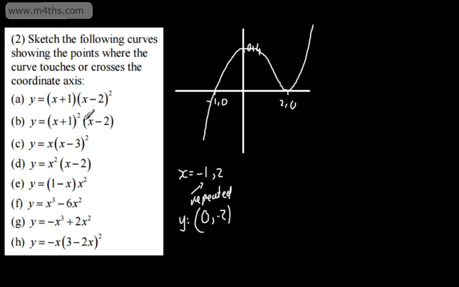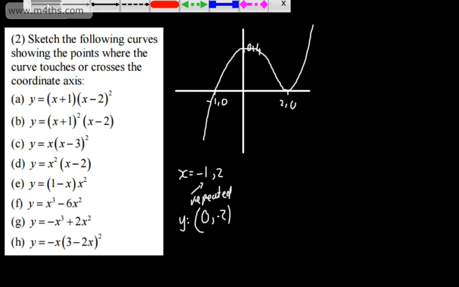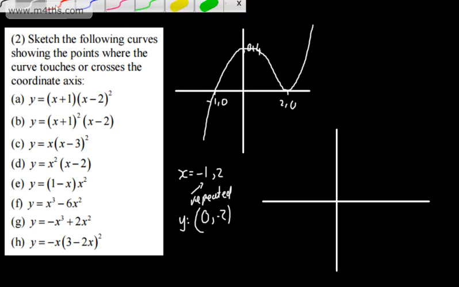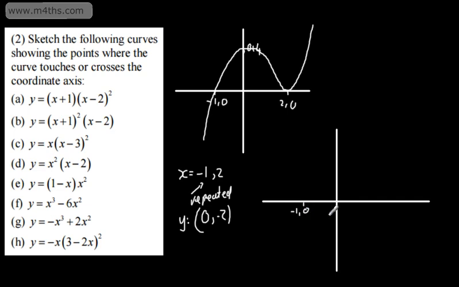This is a positive quadratic multiplied by a linear, which is going to give us a positive cubic. So let's go ahead and look at that. What we've got is this point here, negative 1, 0. This point now is going to be 0, negative 2, and this point is going to be 2, 0.